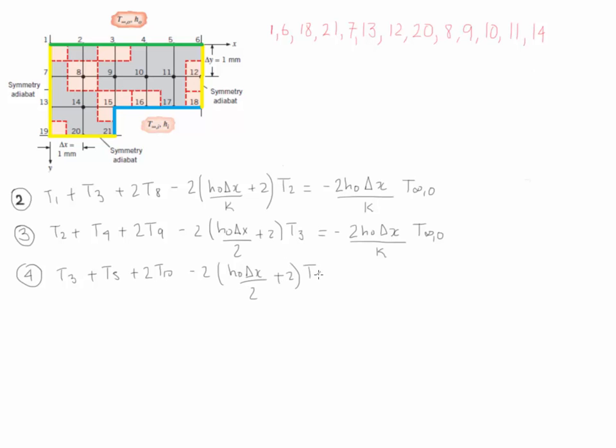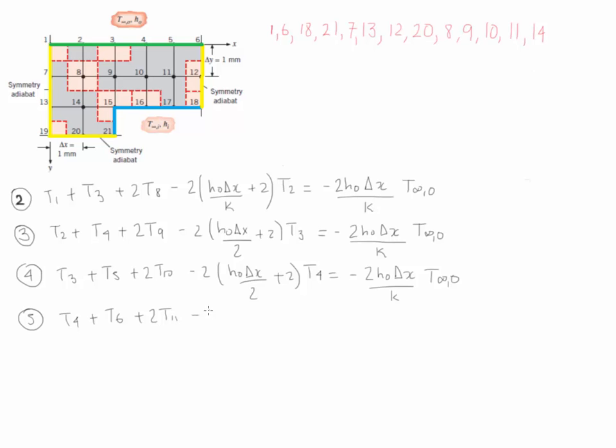This is T4 minus 2HO delta X over K T infinity O. For number 5, the surrounding nodes are going to be 4, 6, and 11. So it's T4, T6, T11.